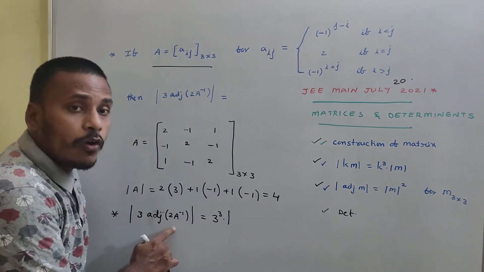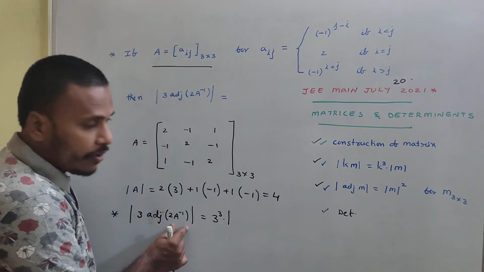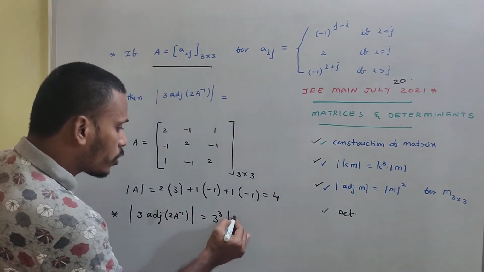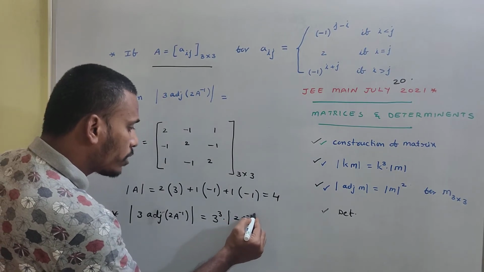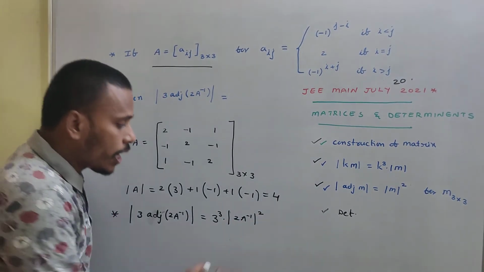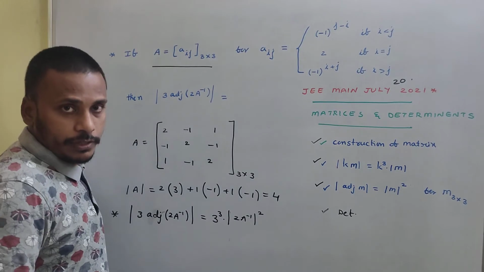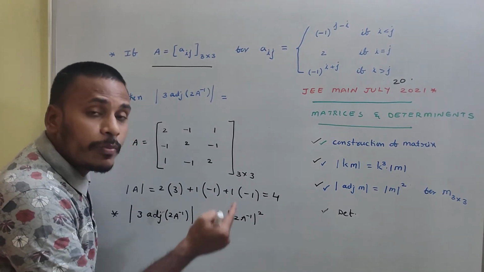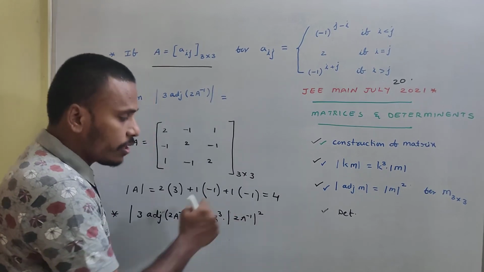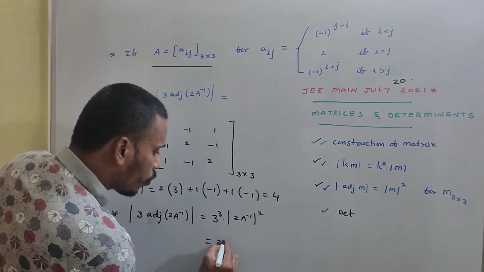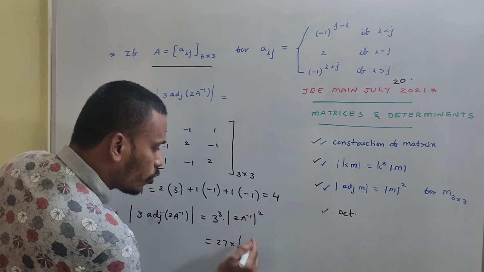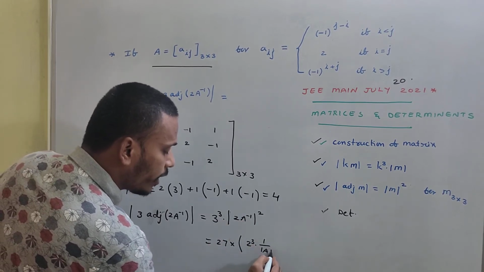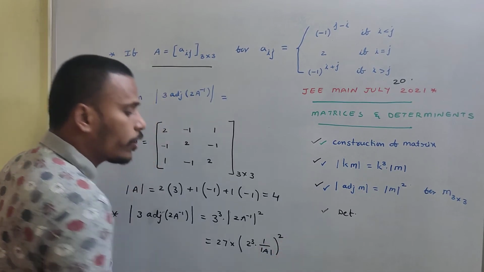See, the adjoint of 2A inverse: the determinant of the adjoint of a matrix is simply the determinant of that matrix to the power 2. So that matrix is 2A inverse, power 2. And now just think about the determinant of 2A inverse. Again, 2 is a constant. You write it out, then it becomes 2 cube. So this equals 27 into 2 cube into the determinant of A inverse, which is 1 by det A, and this to the power 2.